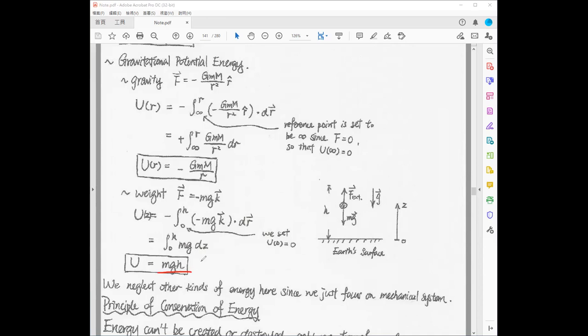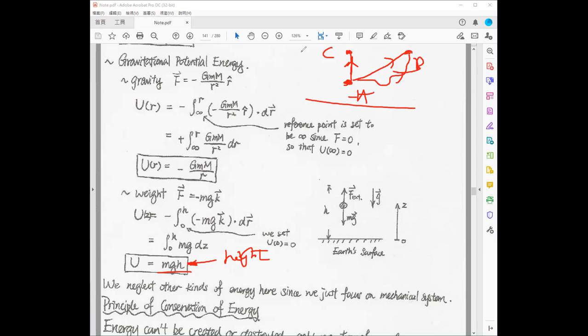Just have a look here. The h is the increase in the height, so this is talking about the vertical displacement. What does it mean? Let's say your object is moving from point A to point B or to point C. No matter whether it follows the first, the second or the third path, consider B and C are at the same height, the increase in the potential energy is the same for these three different paths.